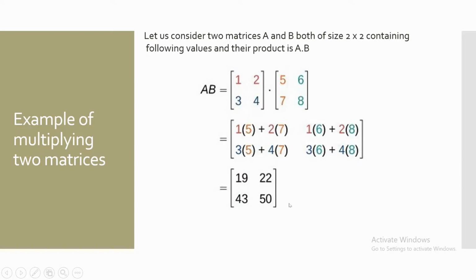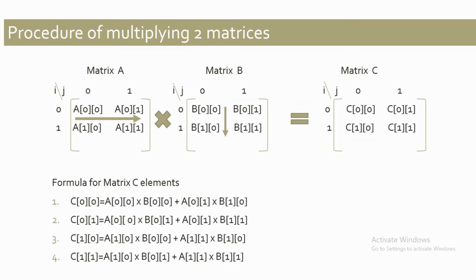So how will we write the algorithm for doing this matrix multiplication? First of all I have to find a general formula of multiplication. So first of all I have to learn how the matrix is stored. Matrix rows are denoted by row number 0 and row number 1, and columns are denoted by column number 0, column number 1.